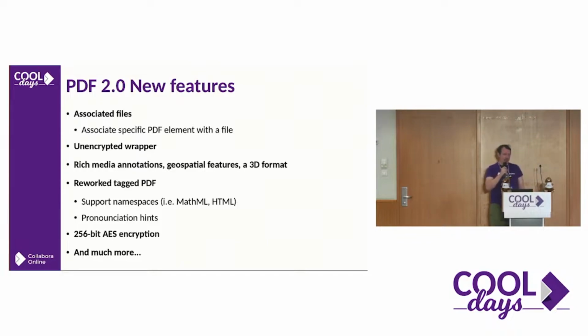You can have associated files, where you can annotate an external file, or not just a file, you can add a bitstream directly to the PDF itself, and that is associated with one PDF element itself.